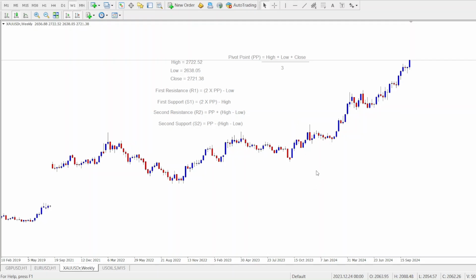As for our first resistance, we're going to be multiplying 2 by, first of all, we need to calculate our pivot point.